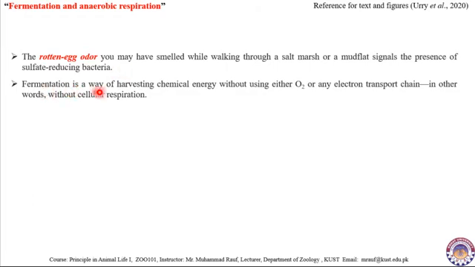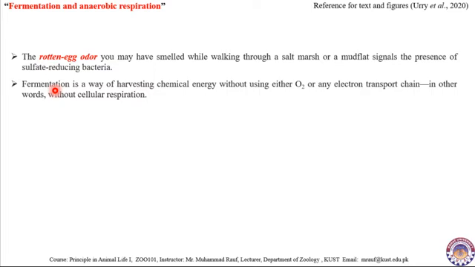Now, fermentation is a way of harvesting chemical energy without using either oxygen or any electron transport chain. This is another type of respiration which takes place in the absence of oxygen, but in this case not only is oxygen absent, but other electron acceptors are also absent.